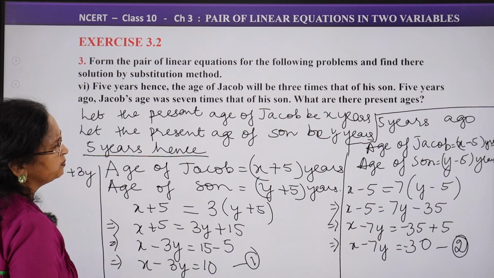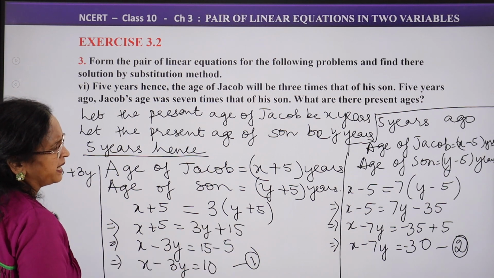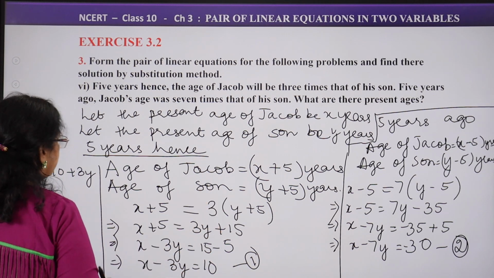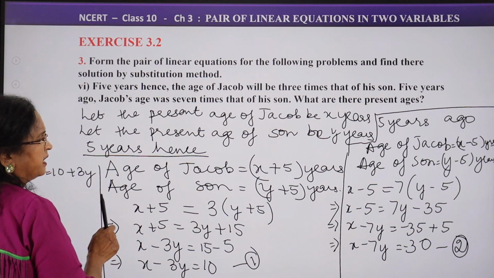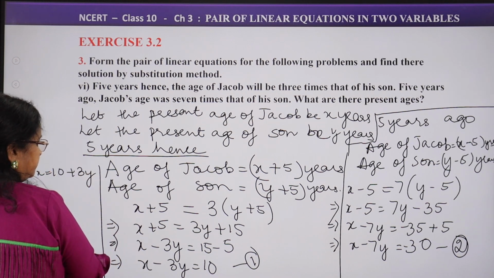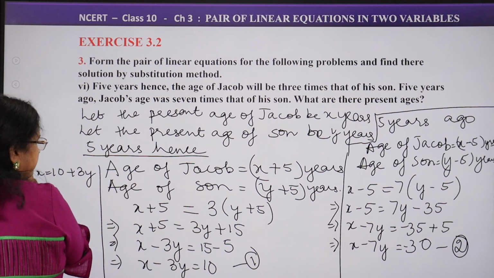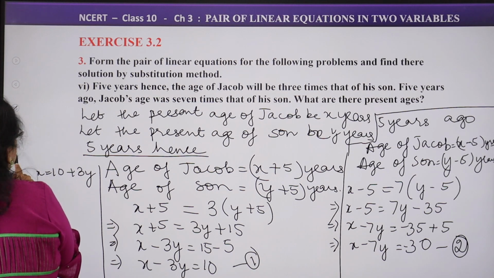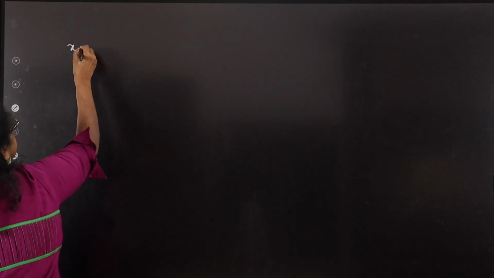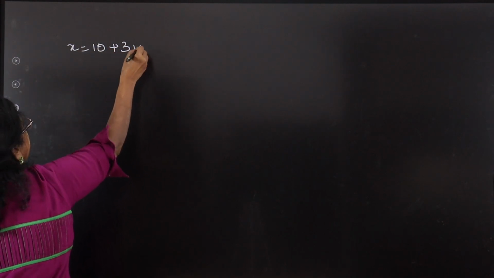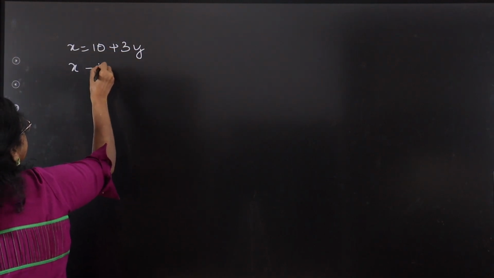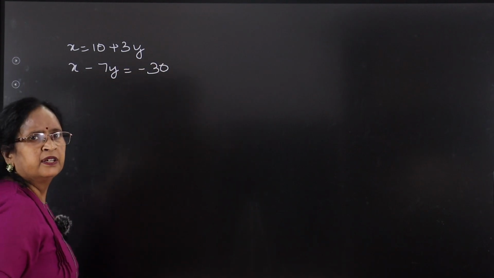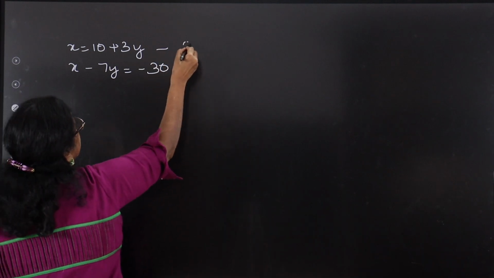What is equation 2? x minus 7y is minus 30. So, x equals 10 plus 3y and x minus 7y is minus 30. All right. Now, this is equation 3.